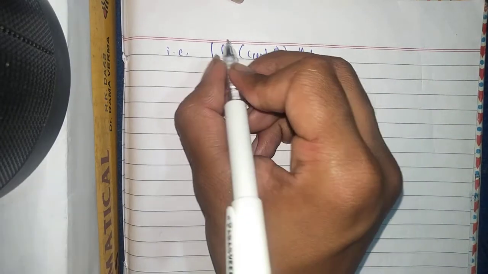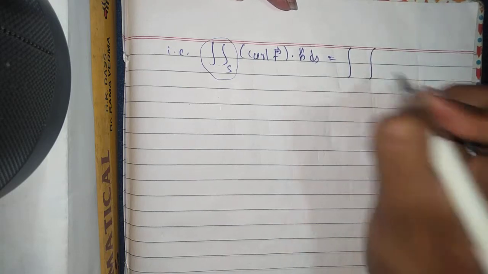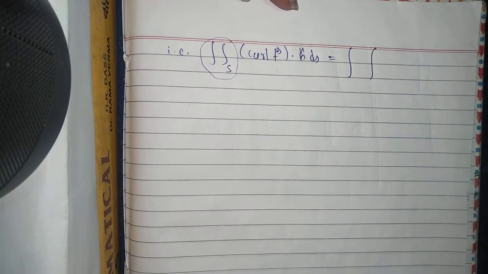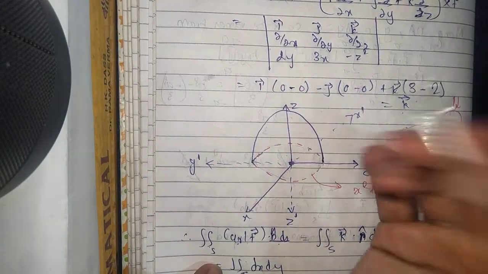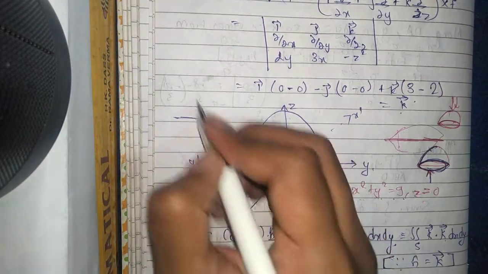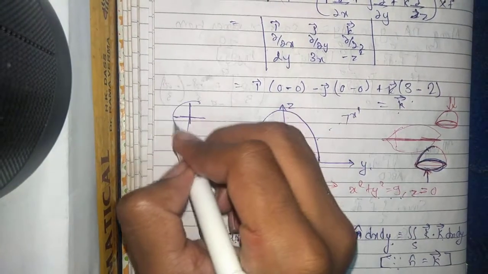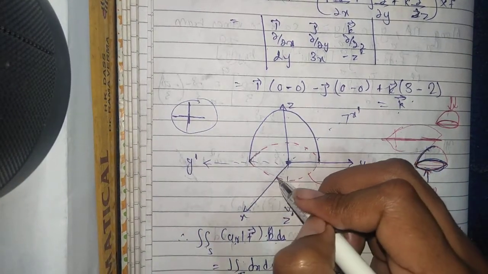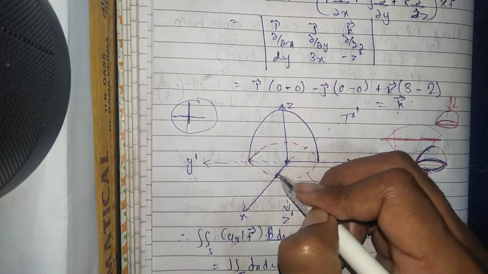After writing the surface integral here, we have to use the limits, so we are going to use a double integral. Let us look at the figure again. As we know, first the x-axis will come and after that the y-axis. So using the same concept, let us draw a vertical strip along the x-axis, from here to here.